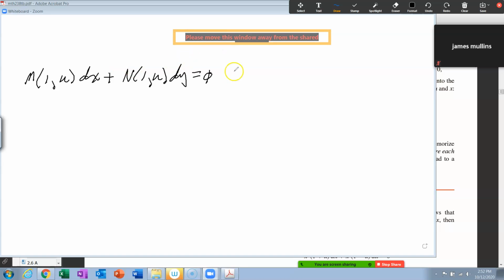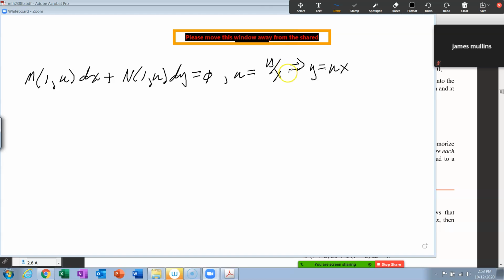Now this u is equal to y over x, which implies, of course, that y is equal to ux. Now don't get this confused with our mu from earlier, even though they look somewhat similar.